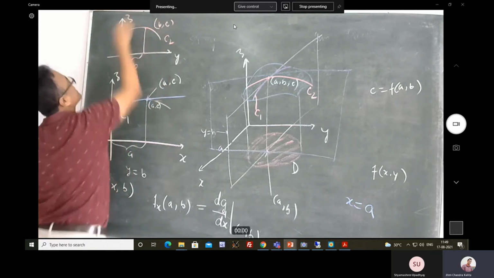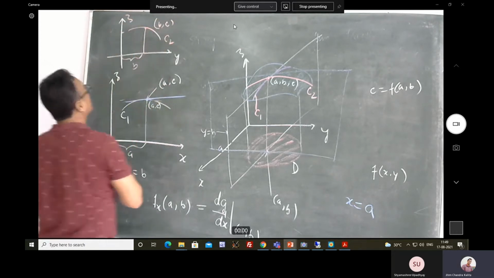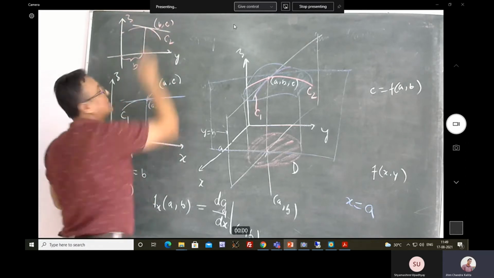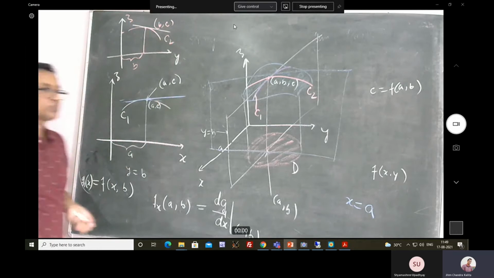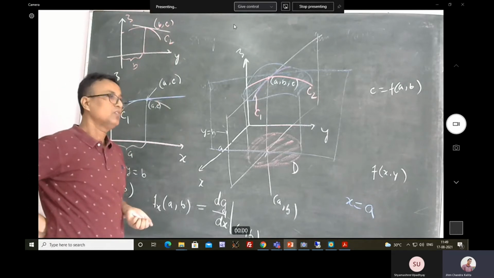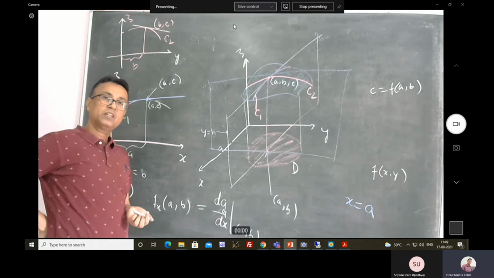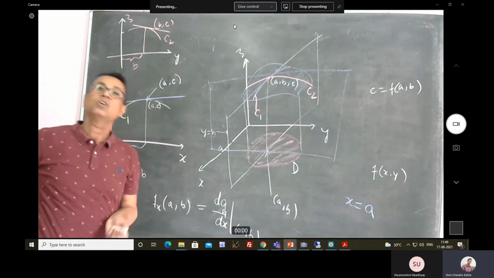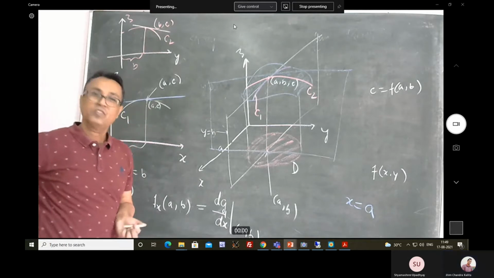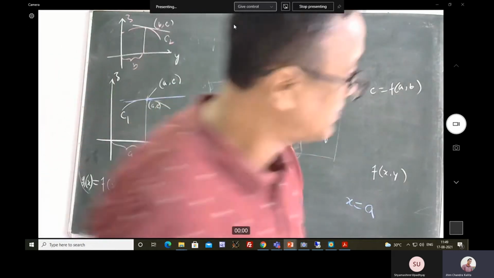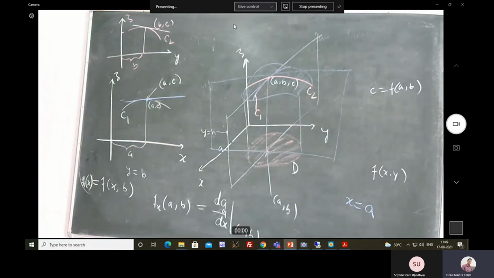You are going to have a tangent line to the curve C2 at that particular point, which signifies the partial derivative of f with respect to y at that point. Is it okay? I am going to show you this in slides, so it will be more clear. Okay, fine.